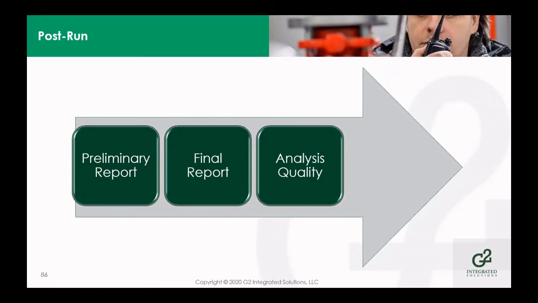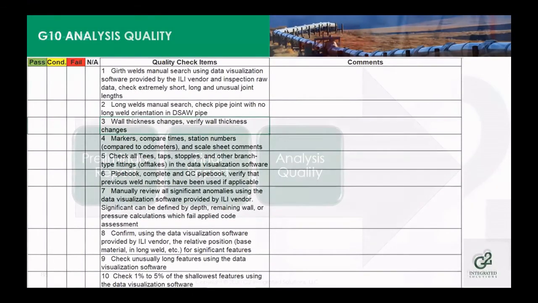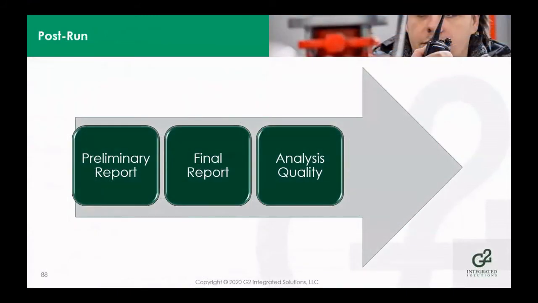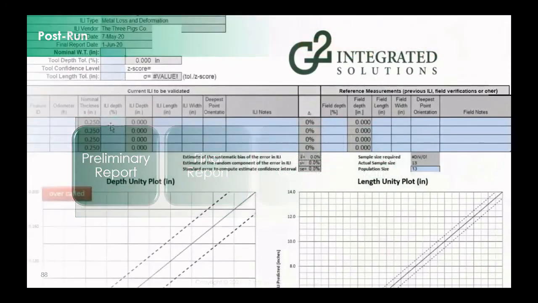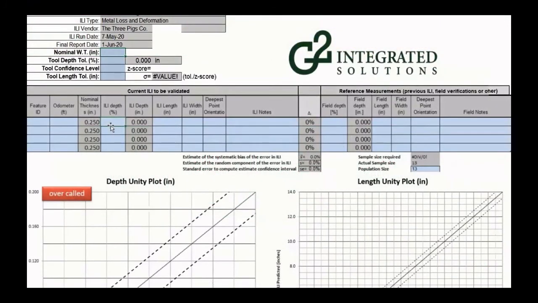Yes, this is the end. And after the analysis of the data quality, we have to do the validation. And the validation basically gives you the unity plots. The unity plots are where you compare how accurate the inspection tool is and if it's within the confidence interval determined by your vendor.